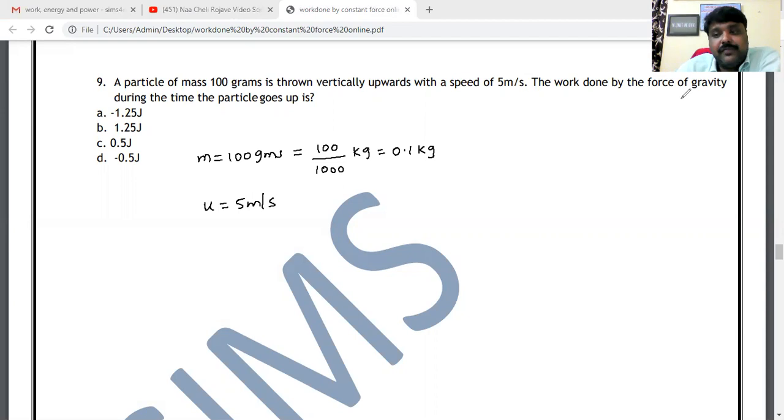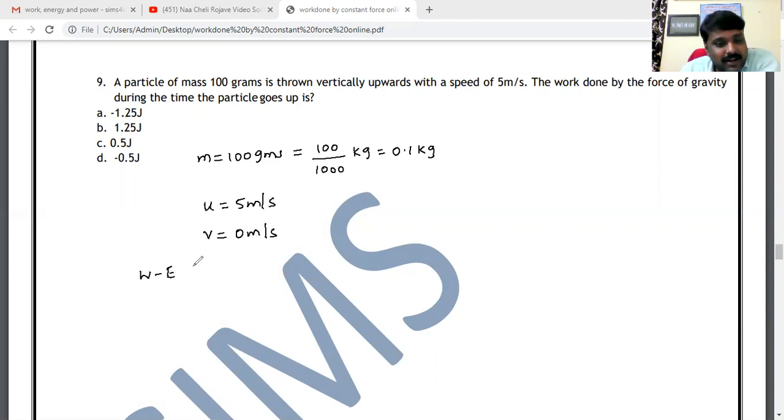The work done by the force of gravity during the time the particle goes up, in the sense the particle has reached its maximum height here. At the maximum height, the final velocity of the particle is always zero. Now again, let us move back to the work energy theorem.